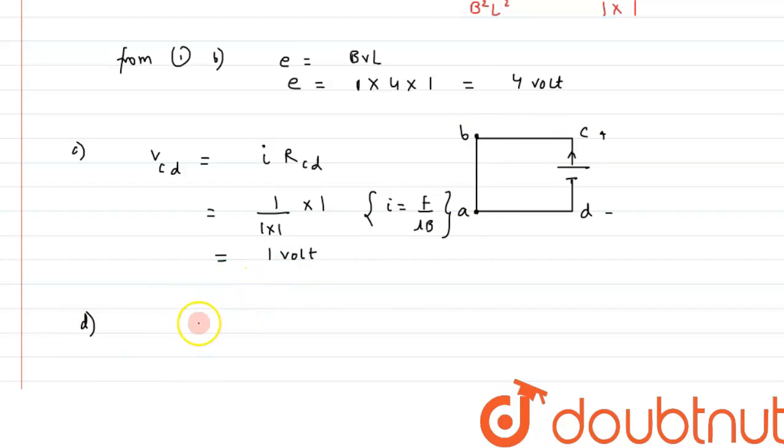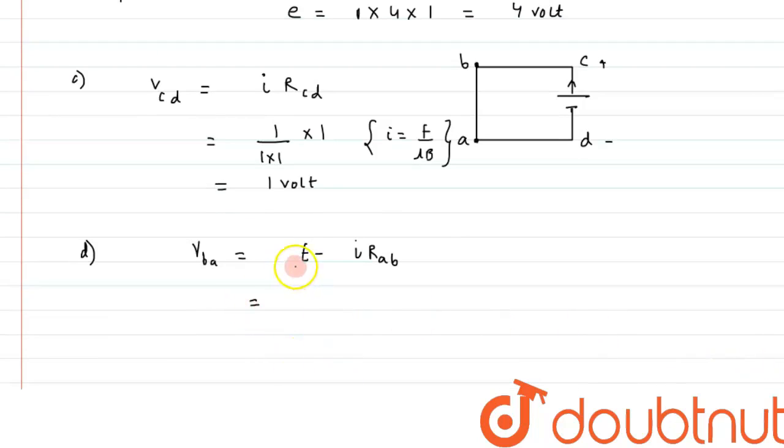This can be written as VBA equals E minus I RAB. Substituting the values, E here is the small e, the EMF of the battery, so this is 4 minus I, which we have calculated as 1, and the resistance is 1, so this comes out to be 3 volt. So this is the potential difference across AB we are getting, and this is our C part, and this was our D part.